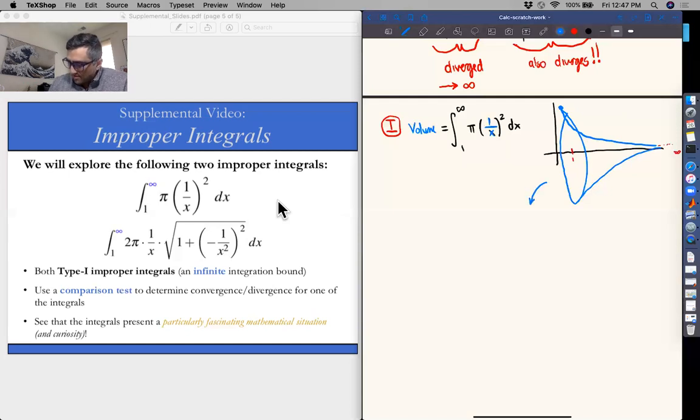So maybe I'll just draw this a little bit out here. So what we computed up before for this improper integral was actually the volume of this object. And just to bring us back, what we saw was the volume of this object, or this curvy cone, was finite.